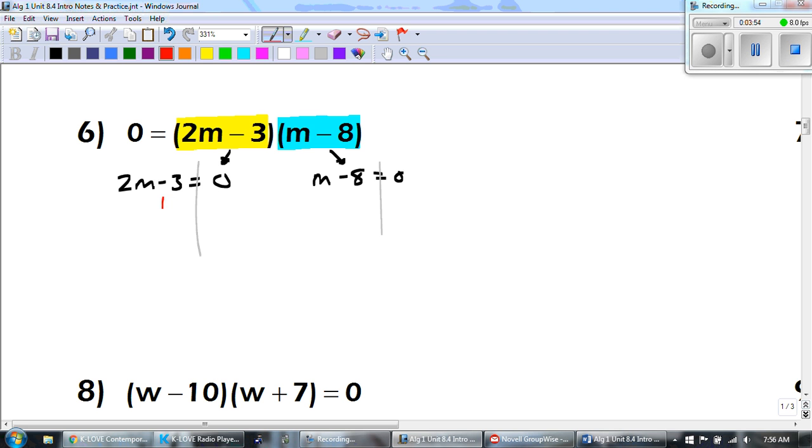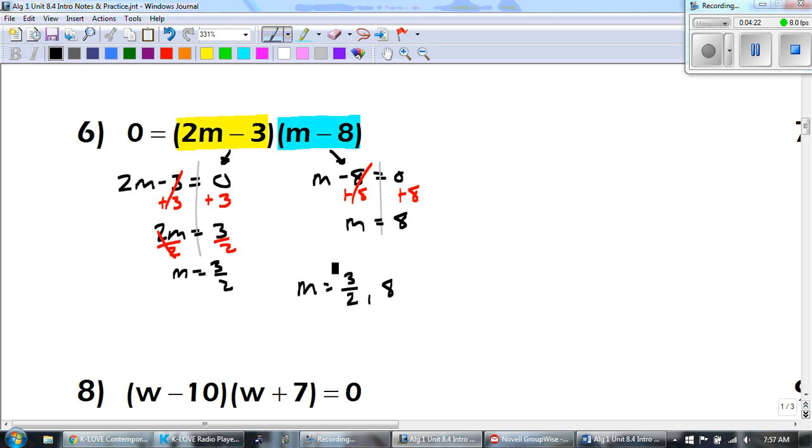So for number 6, I would add 3 to both sides, 2m equals 3, and then I would divide by 2, and m equals 3/2. On the right side, all I have to do is add 8 to both sides, and we get that m equals 8. So my final answer is m equals 3/2 and 8.